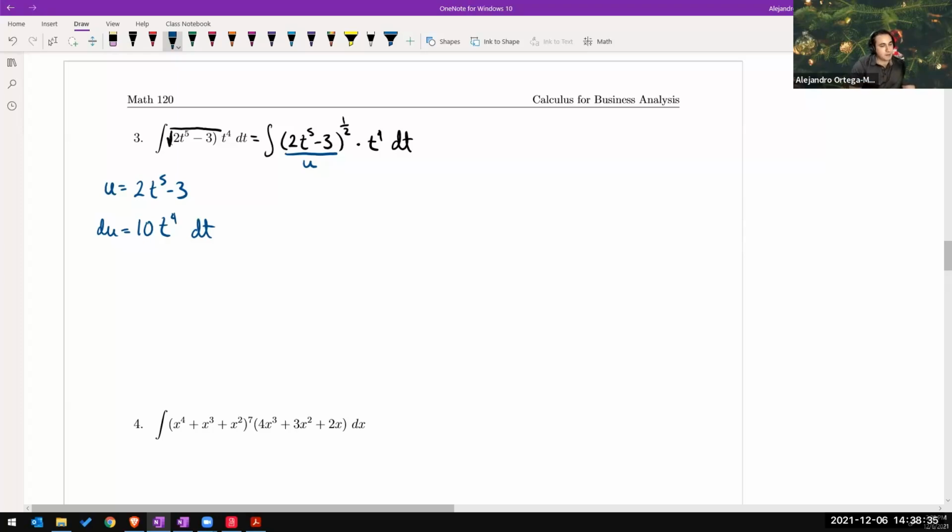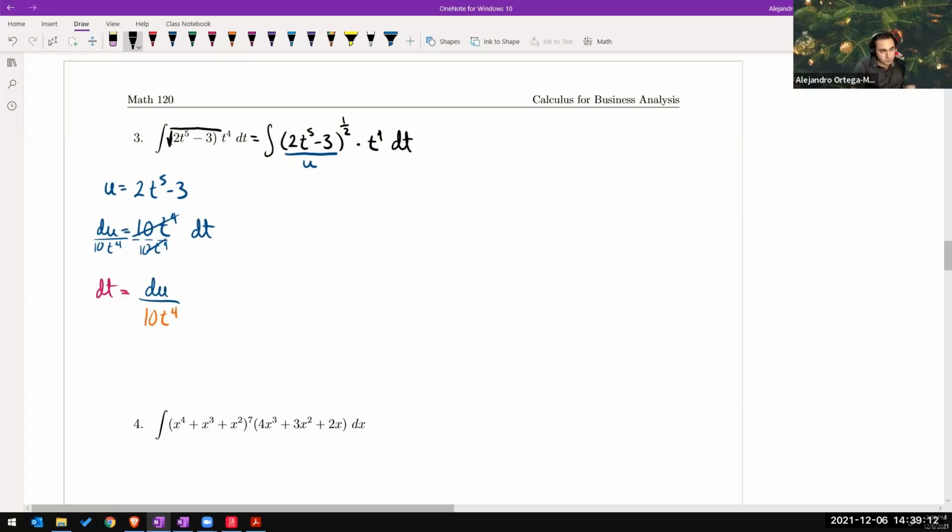Now let's get the dt. dt is equal to, divide by that, 10t to the 4th, so we get dt is equal to du over 10t to the 4th. Okay, so we got the u, we got the du, and we got the dt. Now we can start substituting.